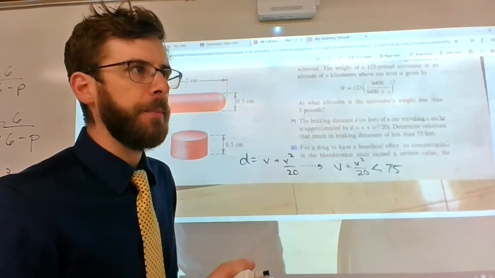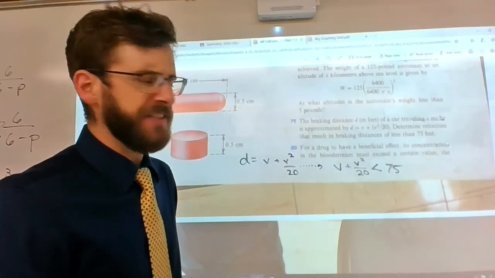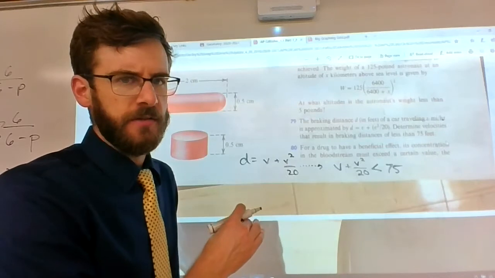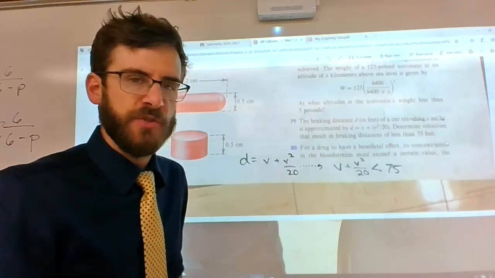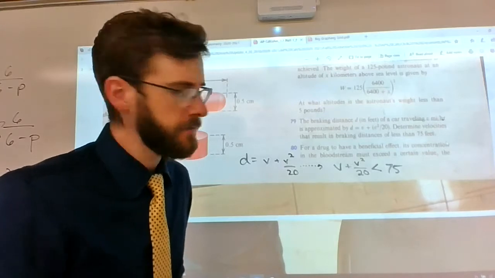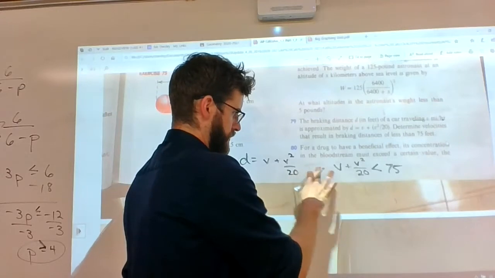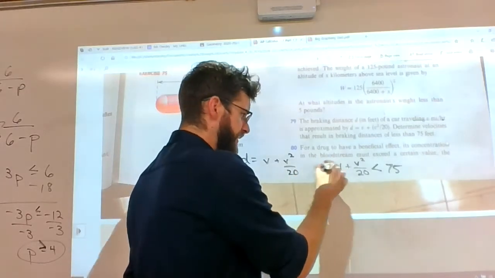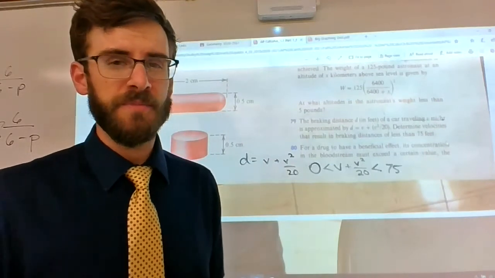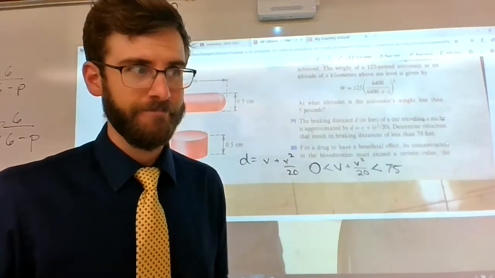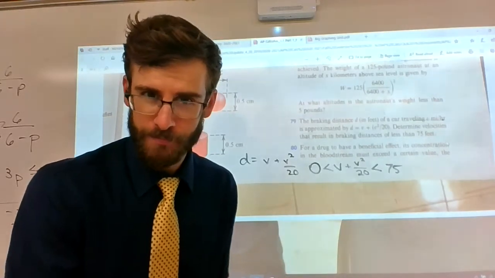And we should also keep in mind that the distance can't be 0 or less, because braking distance is restricted to positive values only. So this is also greater than 0. I mean, could it be equal to 0? If the braking distance is 0, you weren't really traveling at the moment, okay.